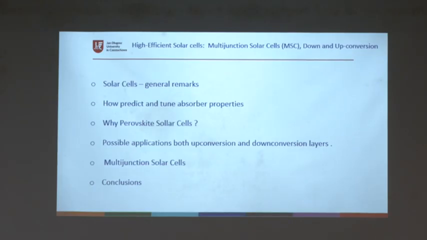But it is a little bit of a problem, because you know the methodology of interaction of radiation with a body, with a solid state. There are three processes: reflection, absorption, and transmission.